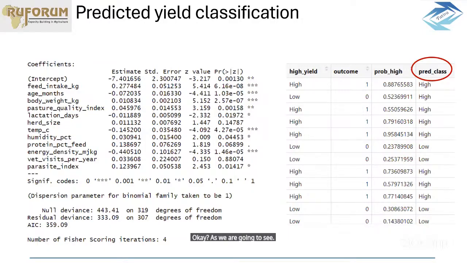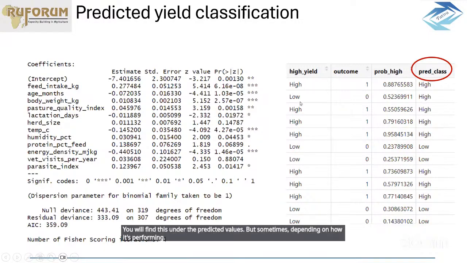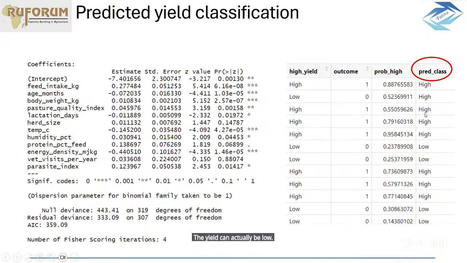Now, the logistic regression model will predict the class. So if it predicts the yield to be high when it was originally high, you will find this under the predicted values. But sometimes, depending on how it's performing, the yield can actually be low, and the prediction classifies it as high. And it uses a probability to do that classification.